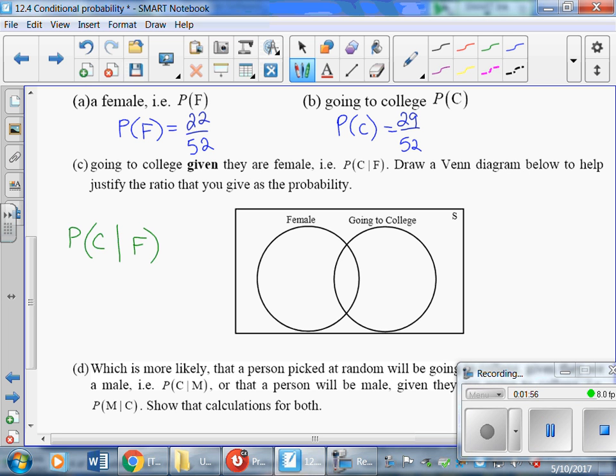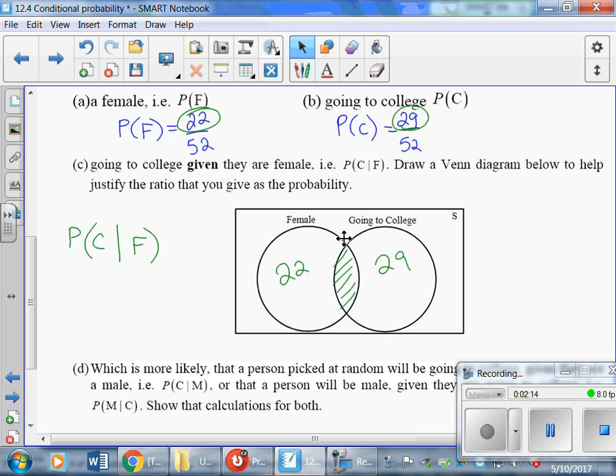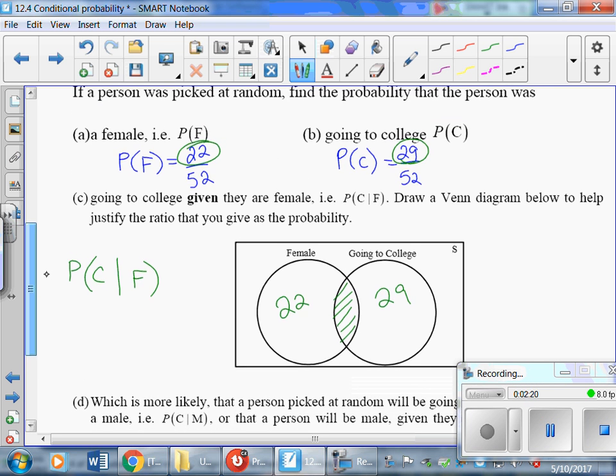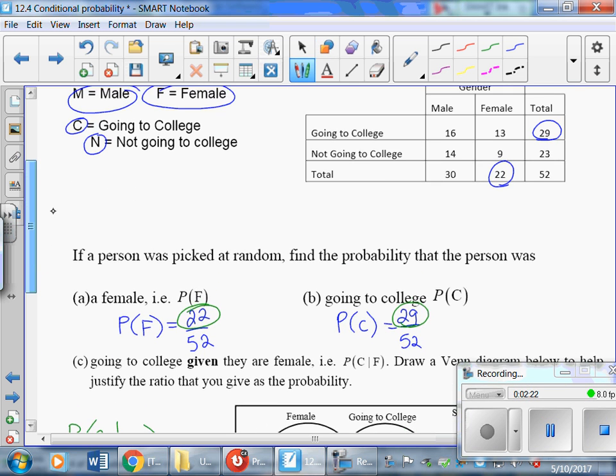We know from up here that there were 22 females, period. 29 of the people that were surveyed are going to college. But now what I have to consider is this right here, and this is going to be the both of them. How many people are going to college that are female? I'm going to slide back down and look at the table.